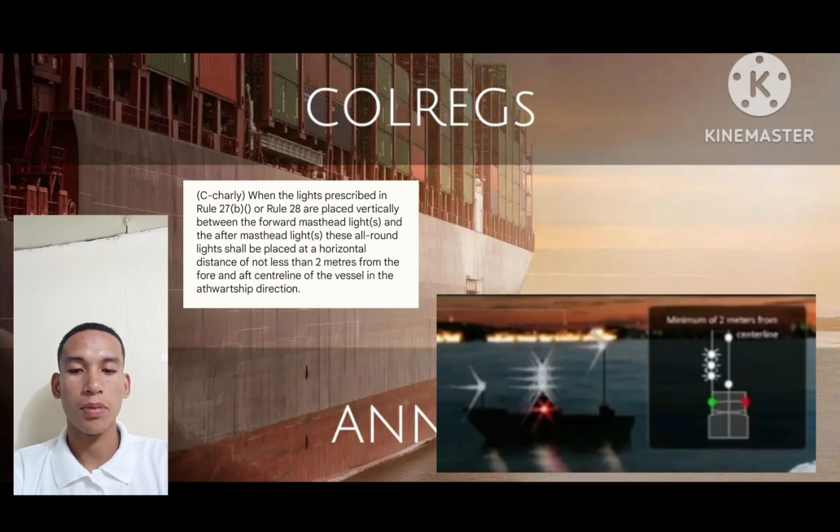When the lights prescribed in Rule 27(b) or Rule 28 are placed vertically between the forward masthead lights and the after masthead lights, these all-around lights shall be placed at a horizontal distance of not less than 2 meters from the fore and aft centerline of the vessel in the athwartship direction.